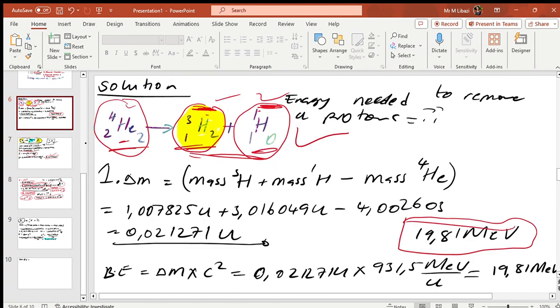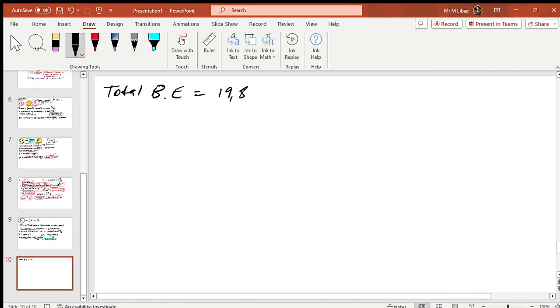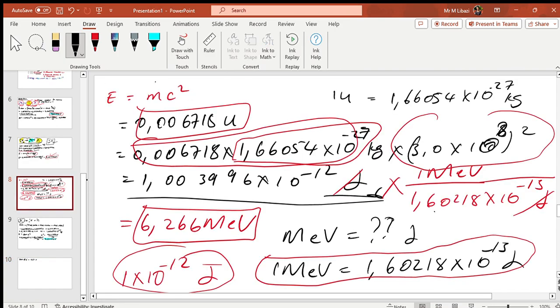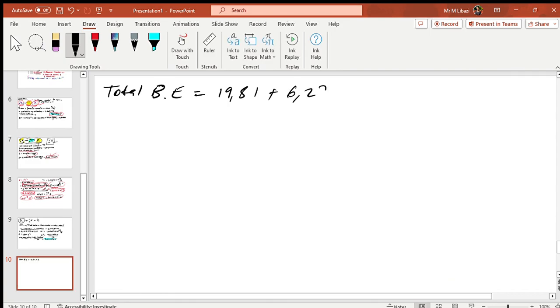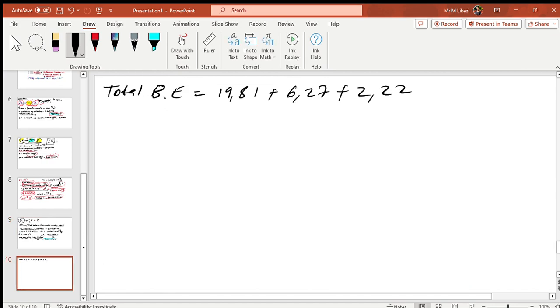Firstly we got 19.81, then secondly we got 6.27, and thirdly we got 2.22. So 19.81 plus 6.27 plus 2.22, I get 28.3 mega electron volts.